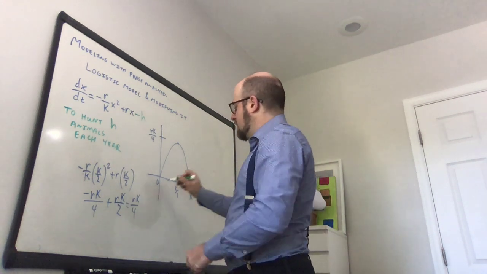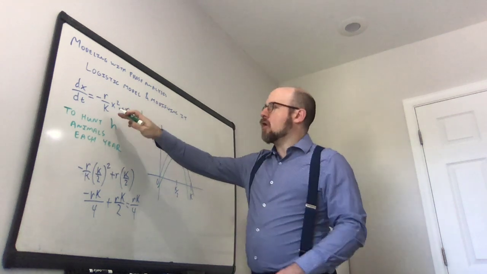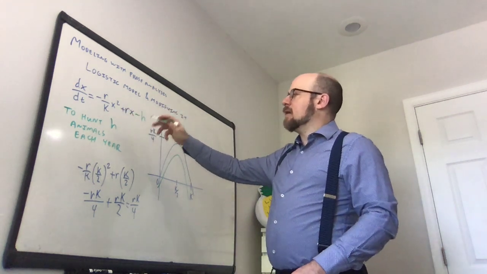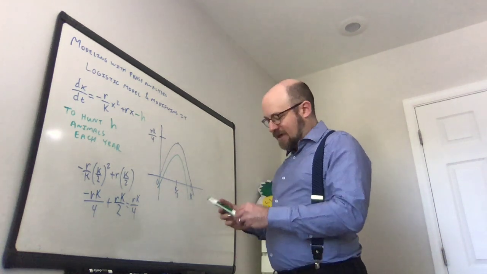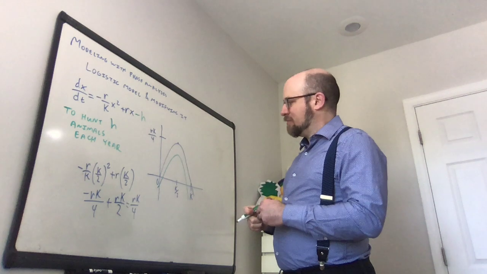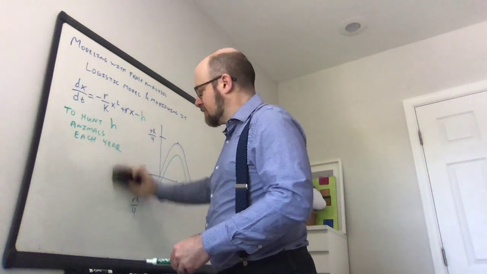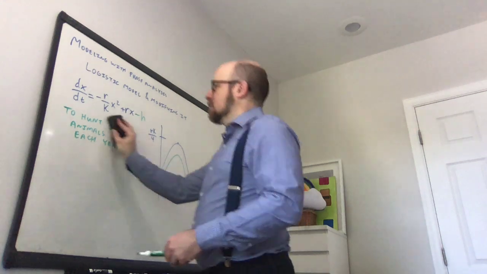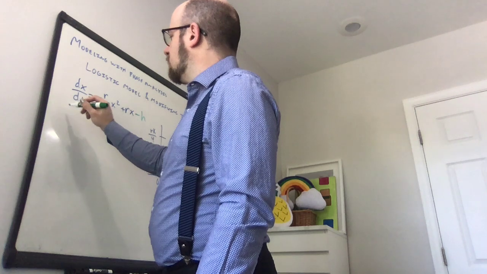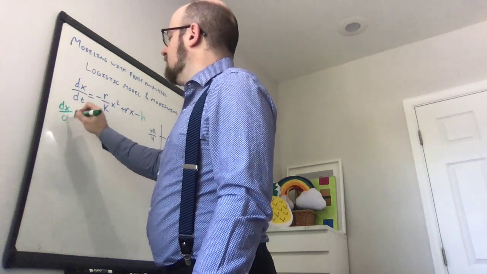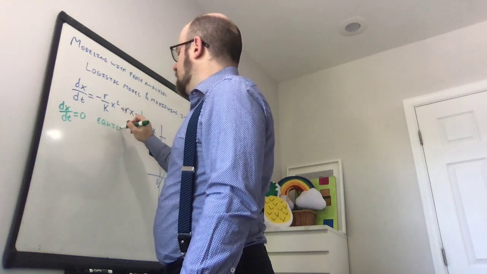So if you look at negative r over k x squared plus rx minus h, well, the nice thing is you can figure out what the zeros are. So what are your new equilibrium points? This is going to be dx/dt equals 0 at our new equilibria.